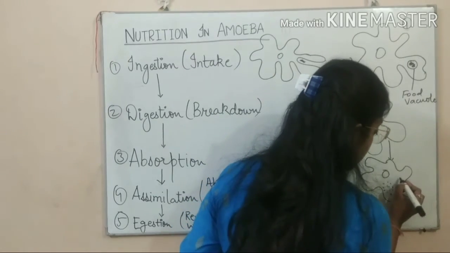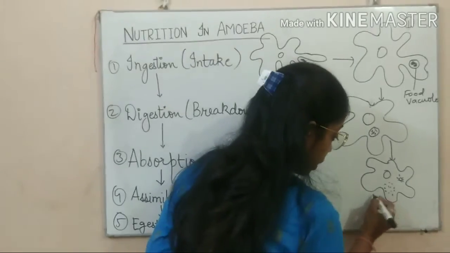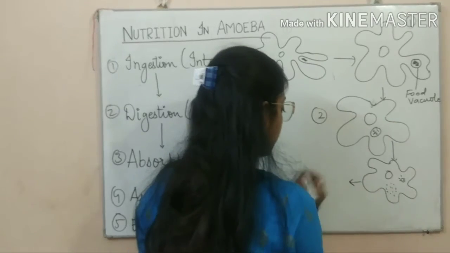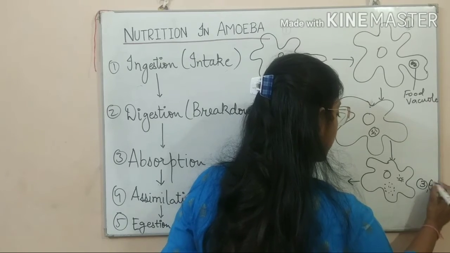After that, what happens? Here is the contractile vacuole. This is point third and fourth together.